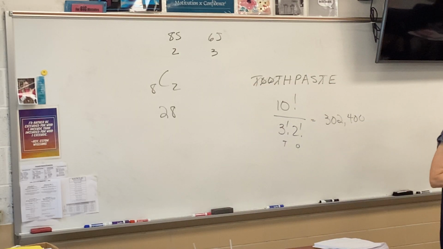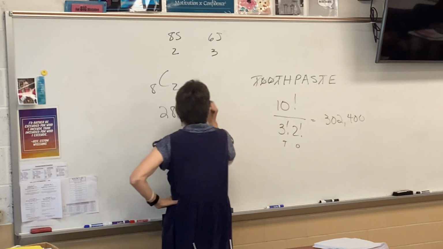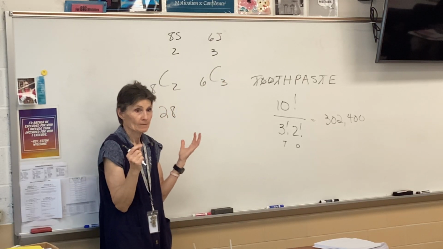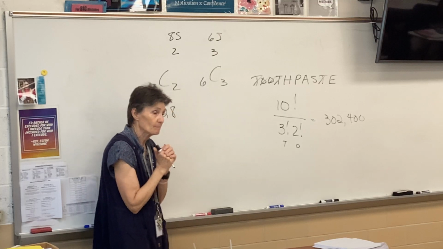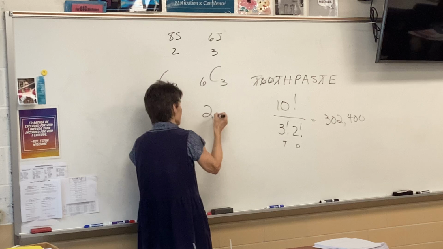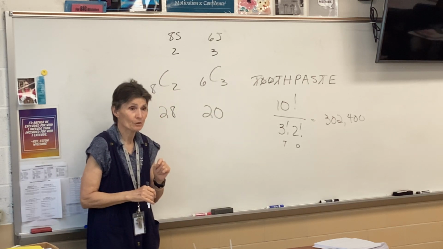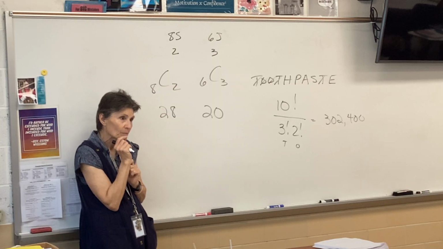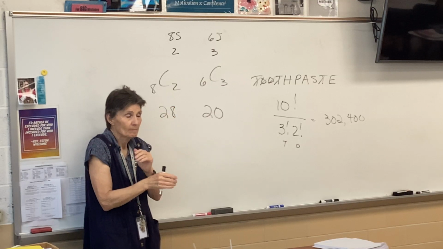Now I gotta pick my juniors. That would be 6C3. Isn't it exactly the same thing, just different numbers? Okay, 6 juniors, pick 3. What's 6C3? 20. Now, remember, I'm picking seniors and I'm picking juniors. What do I do when I'm doing this and this? Multiply.